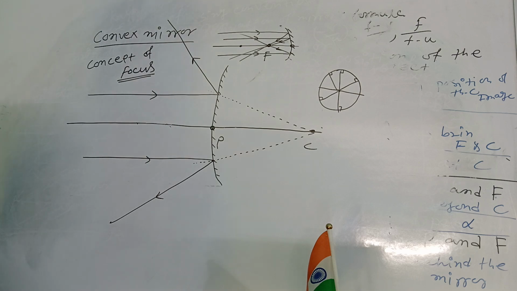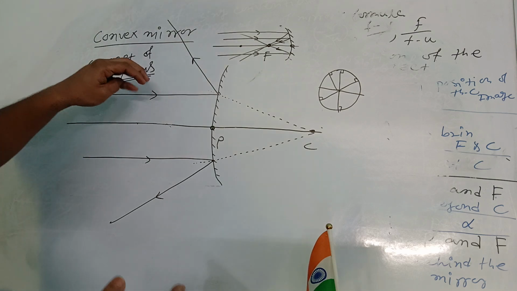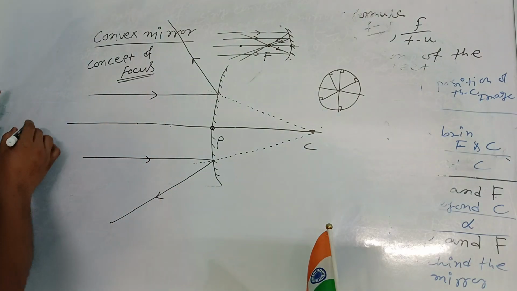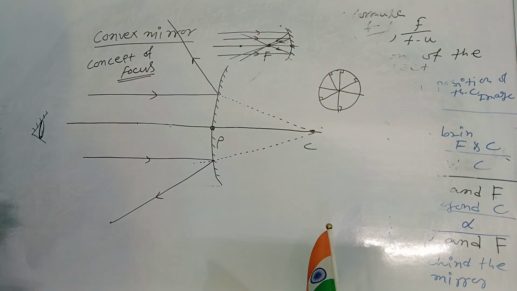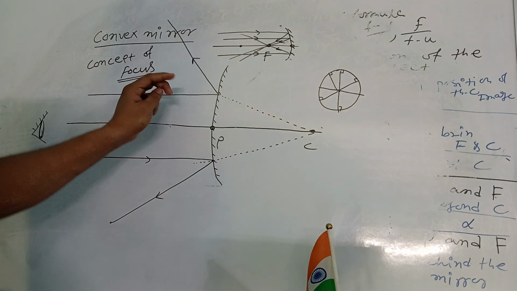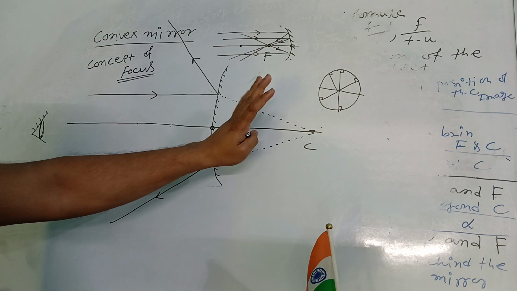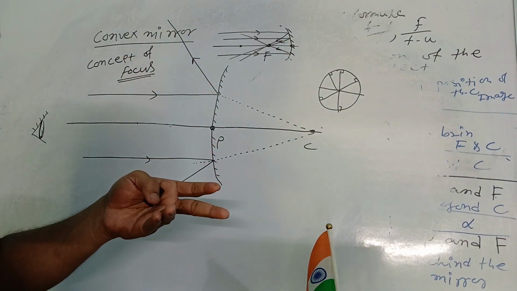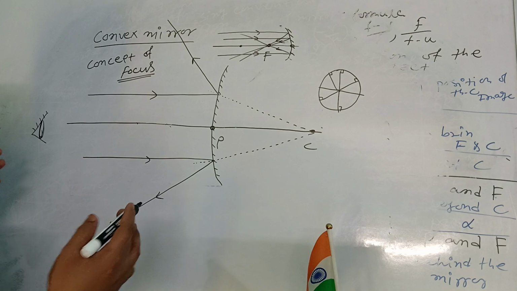So suppose you're observing the reflected rays from here. What would be your observation? You'll say, sir, the rays are coming from the backside of the mirror. It appears to be coming from behind the mirror.